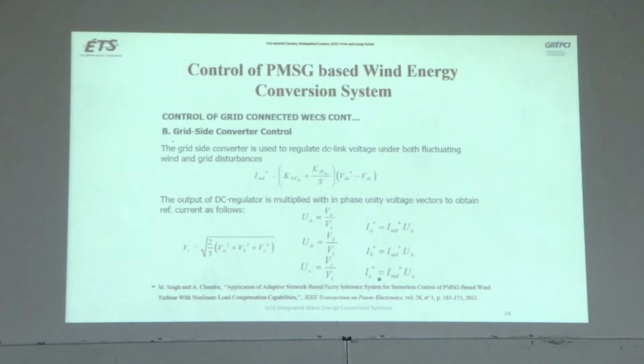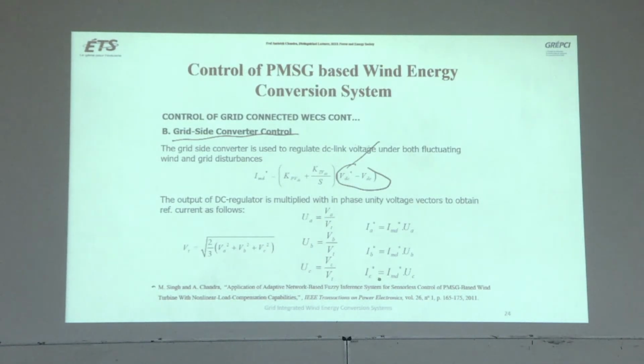Now if we talk about the grid side converter control, you will be surprised and happy to know that you can almost use the same basic algorithm which we use for shunt active filters, because there also the same things are there, right? This is what we did in the shunt active filter also.